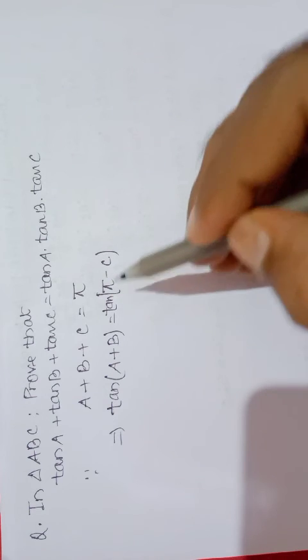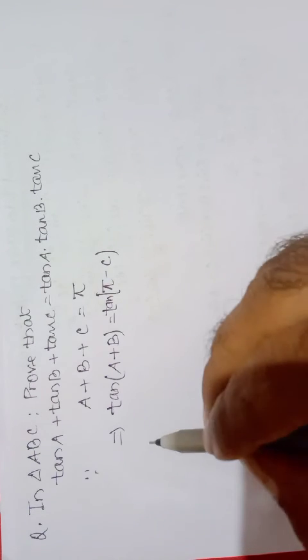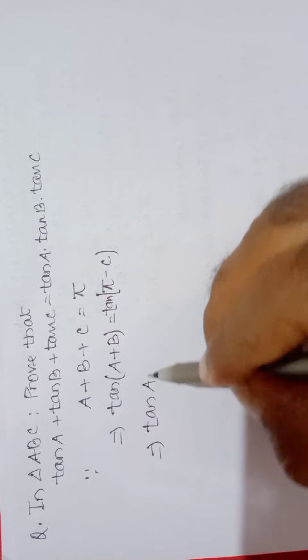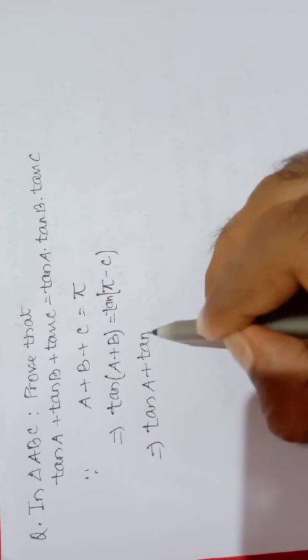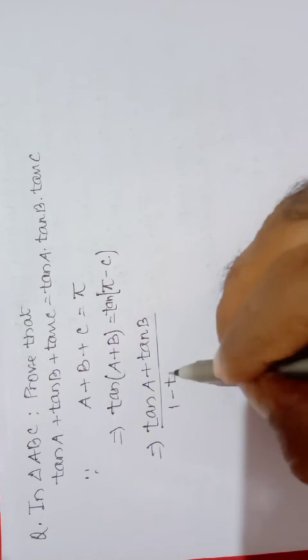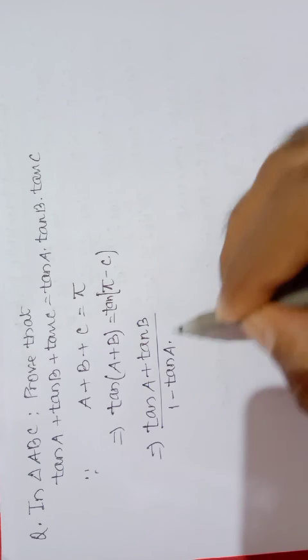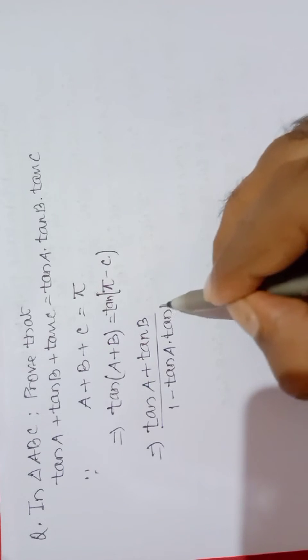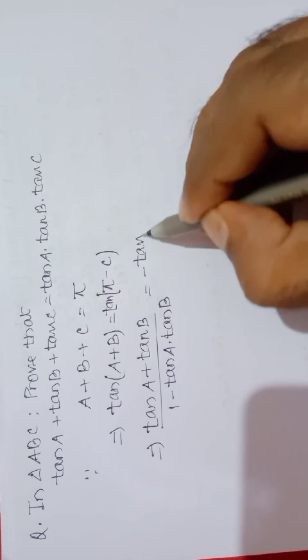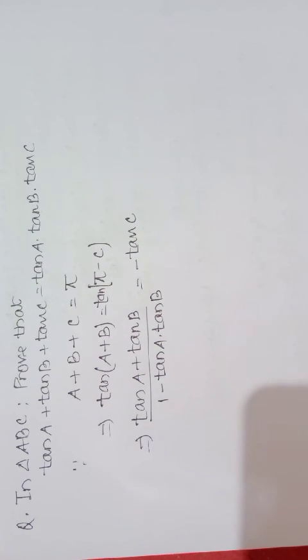Now apply the formula for tan (A plus B), which is tan A plus tan B divided by 1 minus tan A into tan B, and tan (pi minus theta) is minus tan theta, so it should be minus tan C.